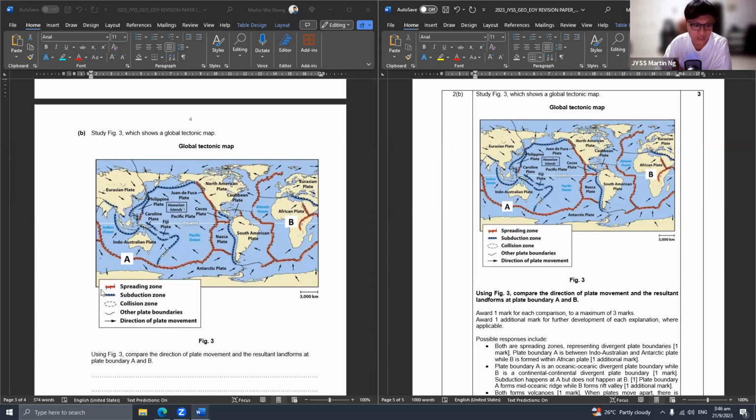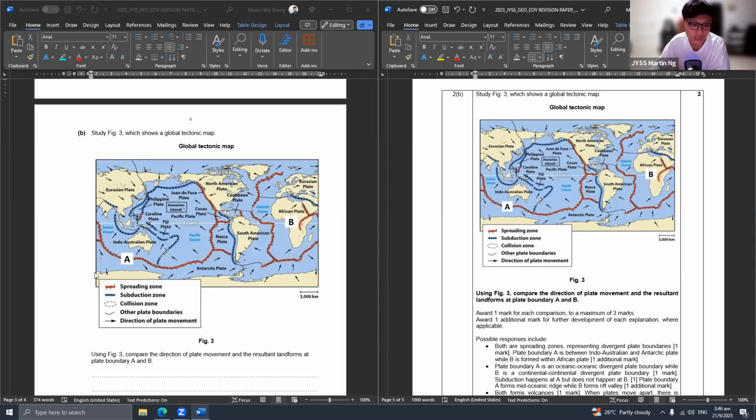Over here, this patch of red color is called the spreading zone. Then the blue color areas are called the subduction zone. You had learned before that for the direction of plate movement, you only have 3 directions: convergence, divergence, as well as transform. Convergence is whereby the plates are moving towards each other.